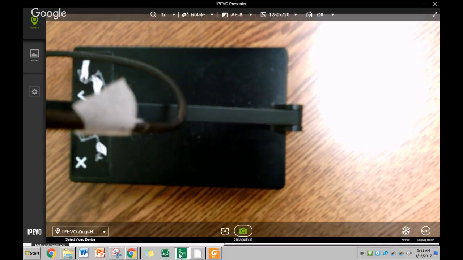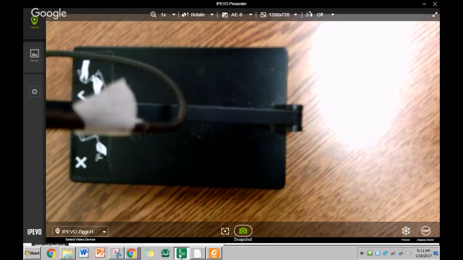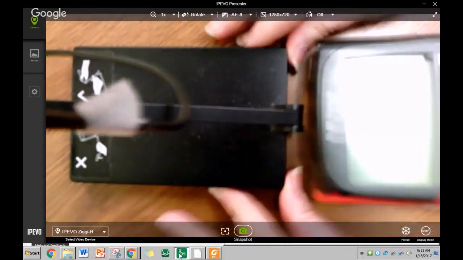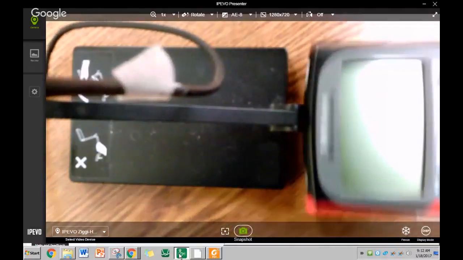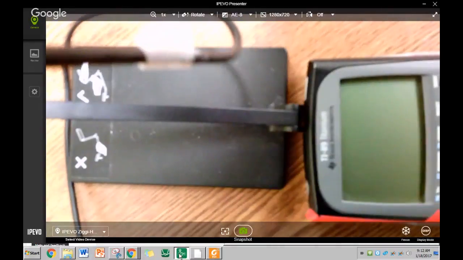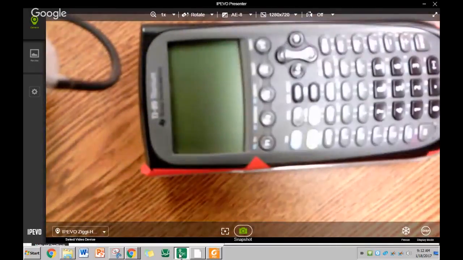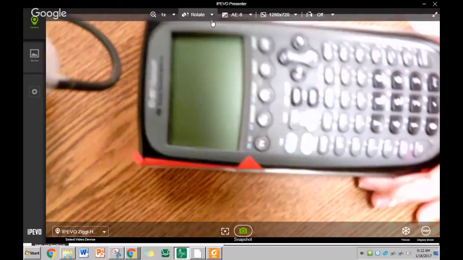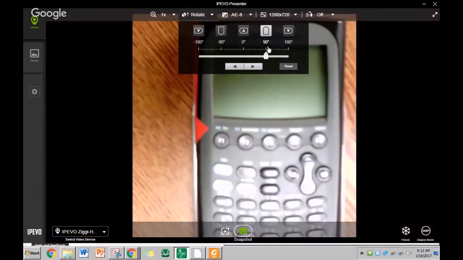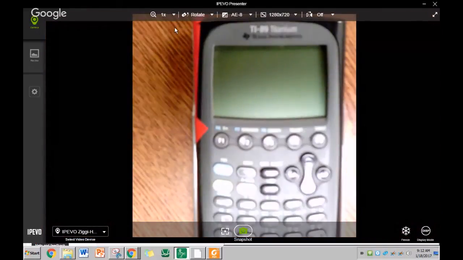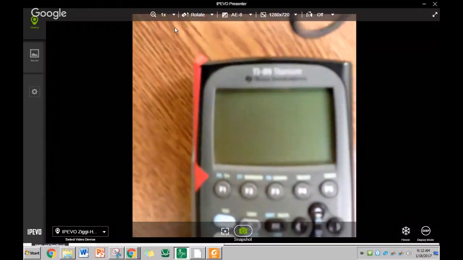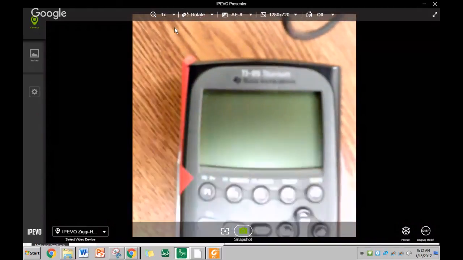Somebody got a calculator really quickly? Here you go. No, I got mine. Sorry, I should have this already set up, shouldn't I? No, it's okay.